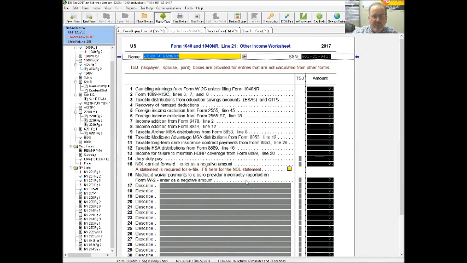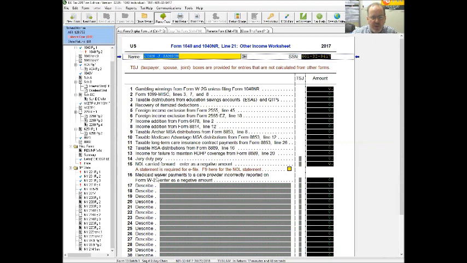So I have my worksheet, and again, almost looks like another tax return. Real quick while we're here, this is the spot where the W-2, we have some 1099 miscellaneous that would go in here. Foreign income exclusion we'll talk about later. We have some things about medical savings accounts, long-term insurance.